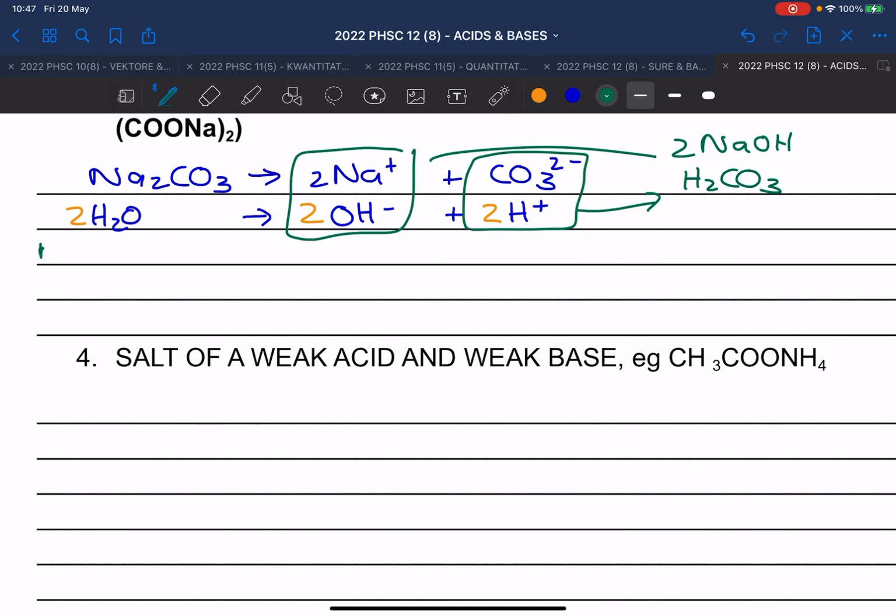Okay, sodium hydroxide, Tapelo, acid, base, weak, strong. Why? Now I'm going there. And what's the definition of a strong base?